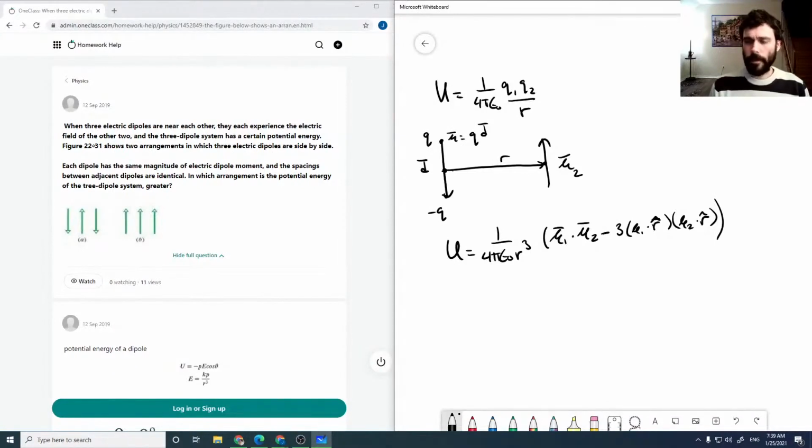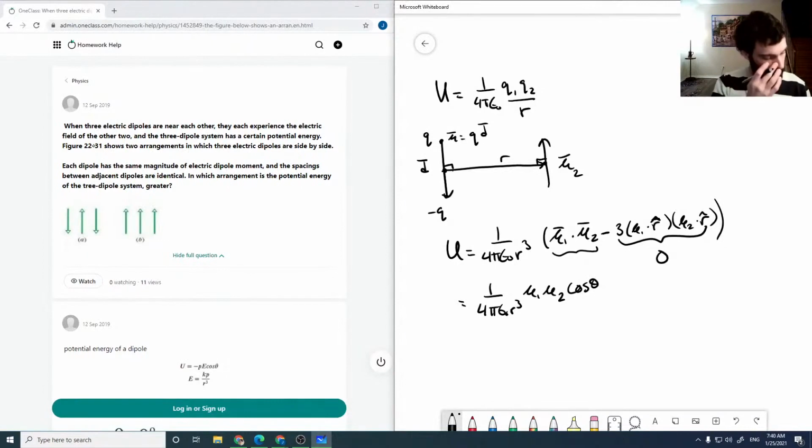Now, if our dipoles are side by side, then they are perpendicular to their R, and so this term will go to 0. And if they're perpendicular as well, then we just need to consider 1 over 4 pi epsilon naught R cubed, mu1 mu2 cosine theta, where theta is the angle between them.